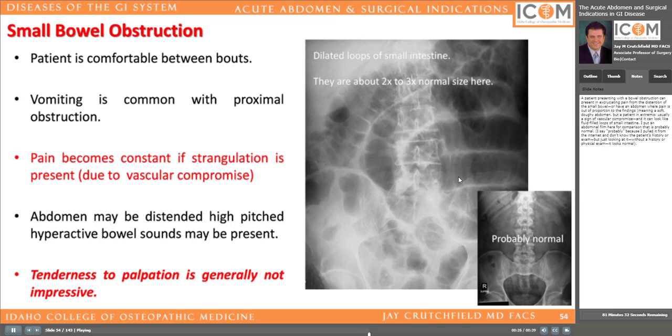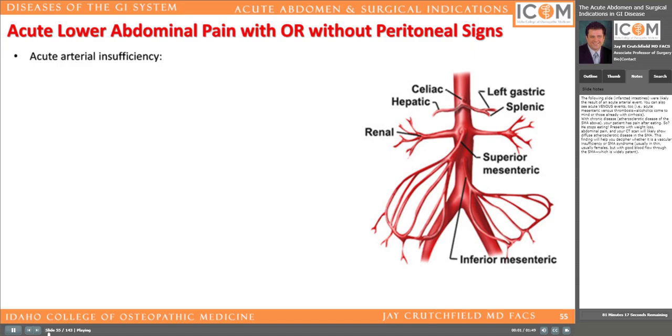I put an abdominal film here for comparison that is probably normal. I say probably because I pulled it from the internet and don't know the patient's history or the exam, but just looking at it without a history or physical exam, it looks normal. The following slide shows infarcted intestines, and they were likely the result of an acute arterial event.